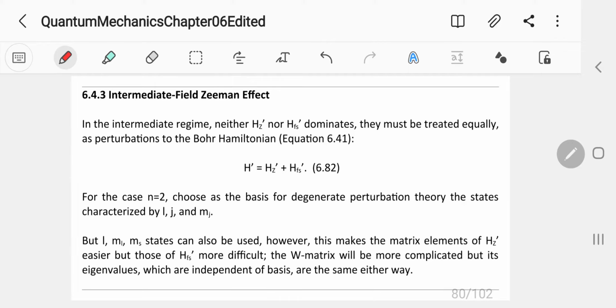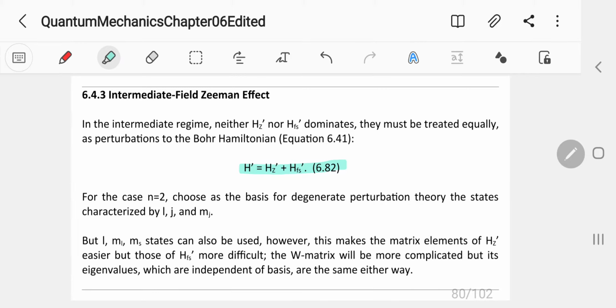So they must be treated on the same footing as perturbations to the Bohr Hamiltonian, and so your total perturbation would have to be given by this.